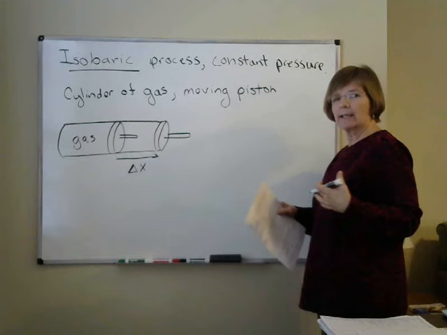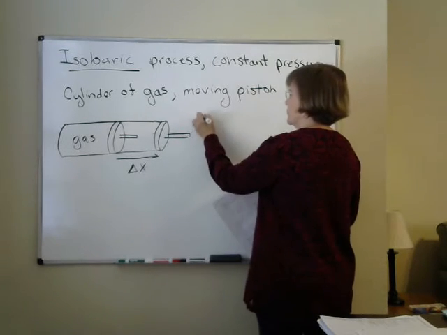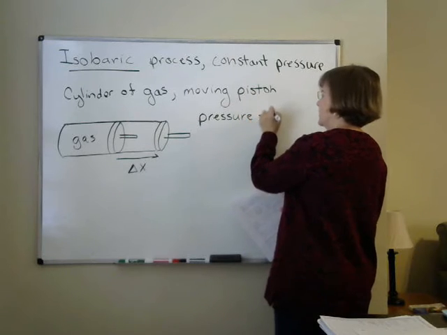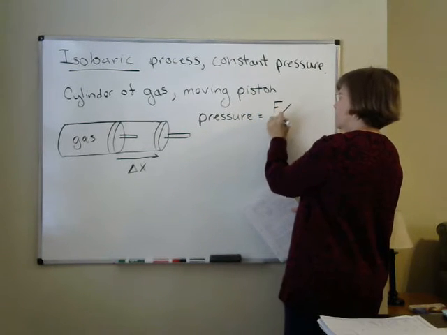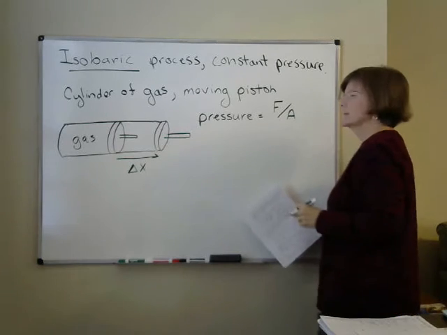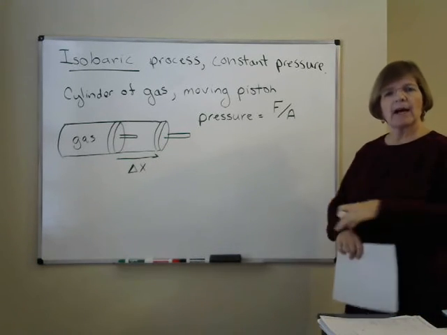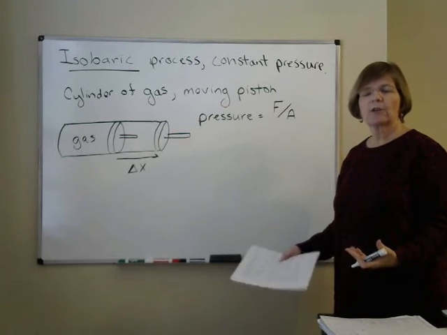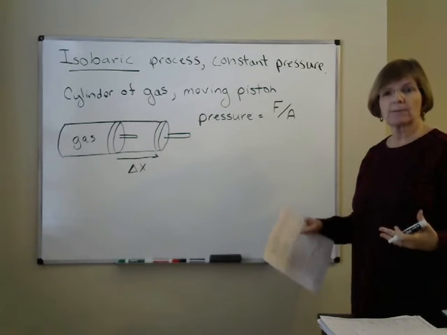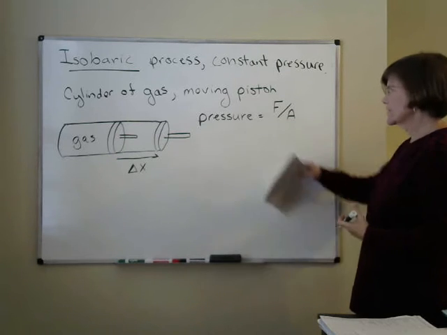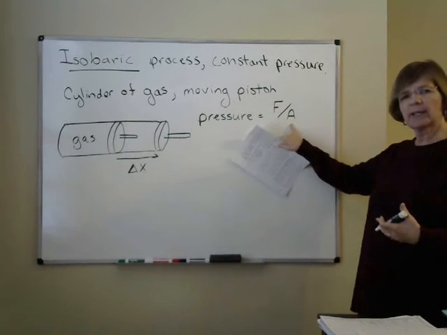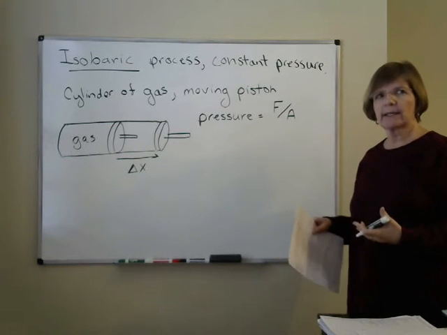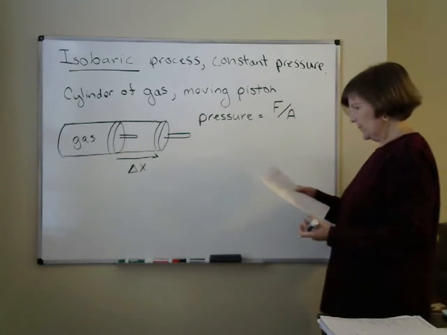Now, we have to define a few more things. Pressure in physics is simply a force per unit area. So, if you have 500 newtons of force over a 1 meter square area, you have 500 pascals of pressure in the SI system. So it's the force in newtons divided by the area in square meters. That'll give you the pressure in pascals, which of course is the SI unit for pressure.